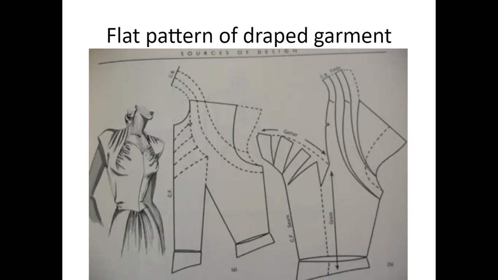If you were doing this as flat patterning, it would be very difficult to figure out these shapes. But if you drape it and then lay it flat, the shapes make a whole lot of sense. Then you go to the store and you buy this pattern from this 1950s dress and you lay it out and you go, oh, okay, that's how they create that shape.